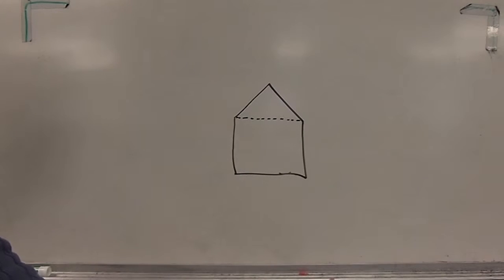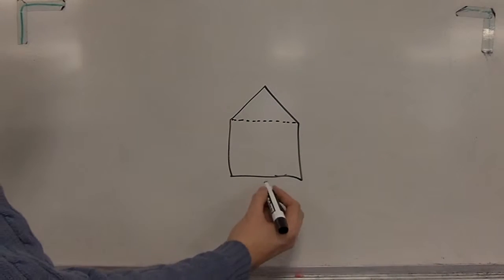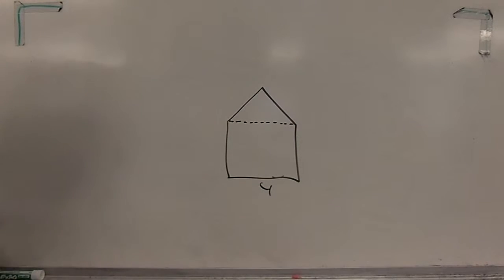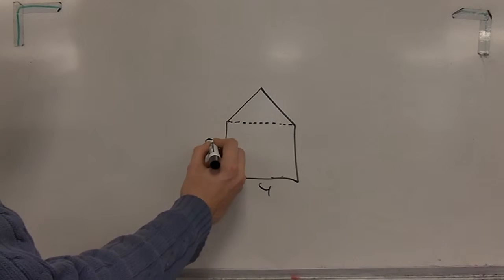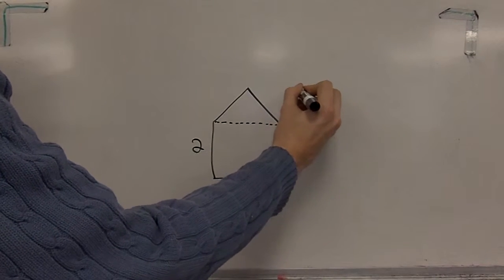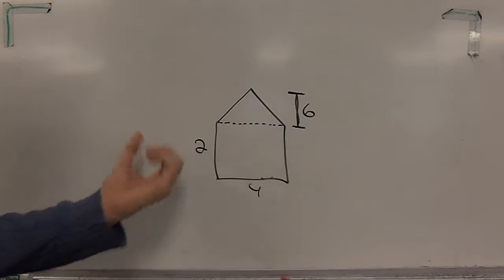Typically what they will do in these problems is they'll give you little pieces of information. For example, they might put a 4 here, and a 2 here, and they might put a little line here and make that a 6. And they say find the area of this figure.